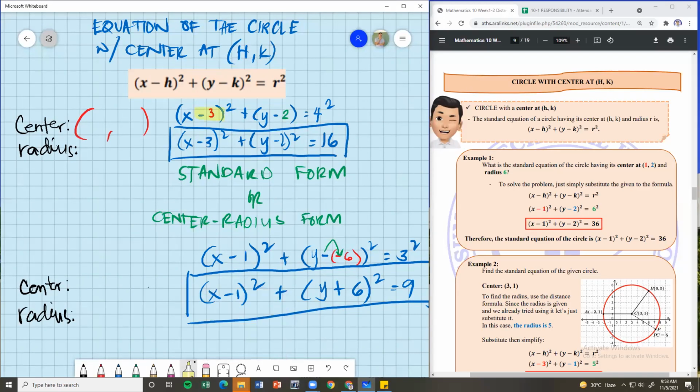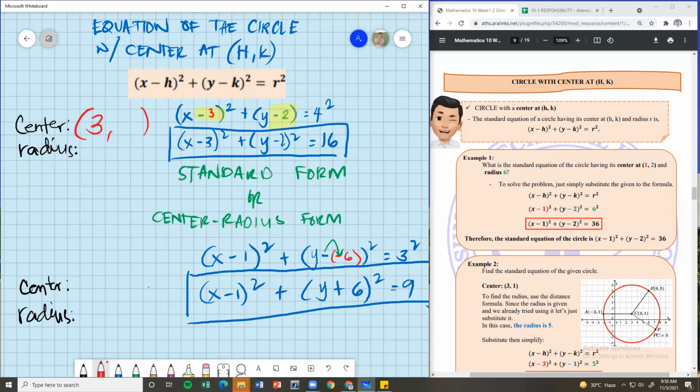The first one is this, negative 3 and negative 2. That's our focus. Since in our equation this is negative and this is negative, if the sign did not change, that simply means that your h or your k is a positive value, because your sign did not change. So therefore, this is 3.